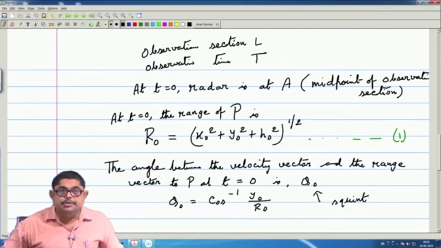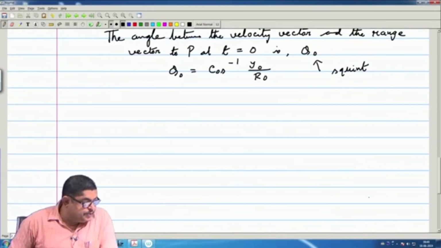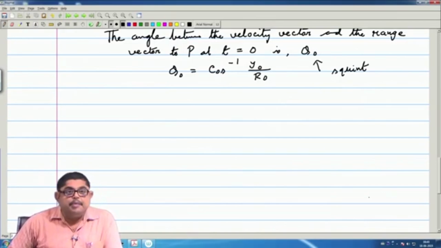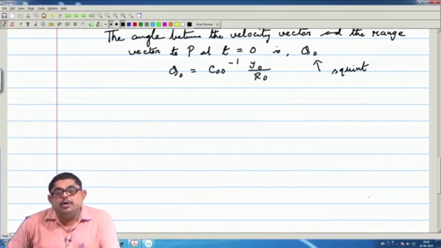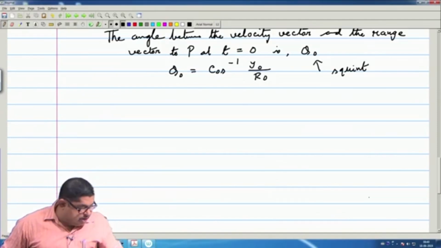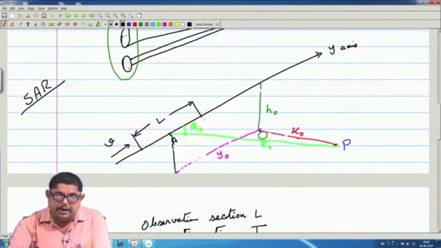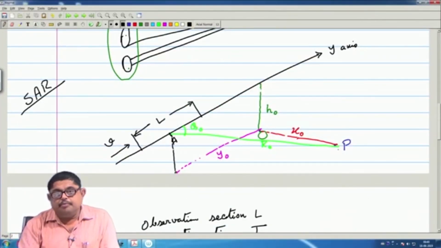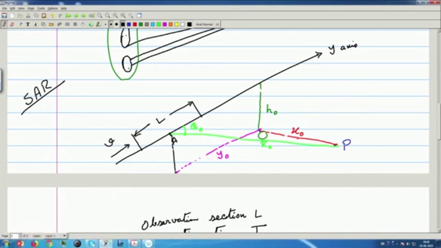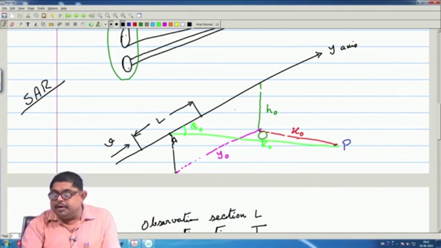Now, during the observation period L, the point P will be within the real beam of the antenna. Once radar moves further, the beam fails to touch this point.